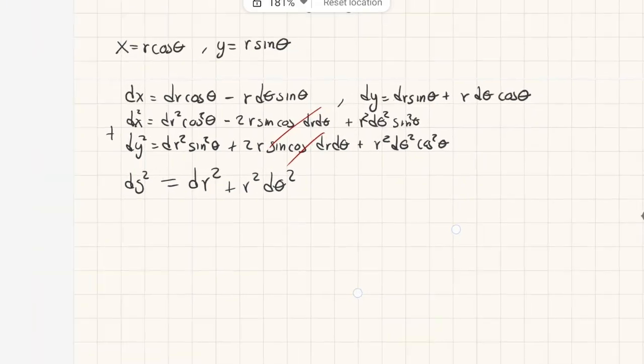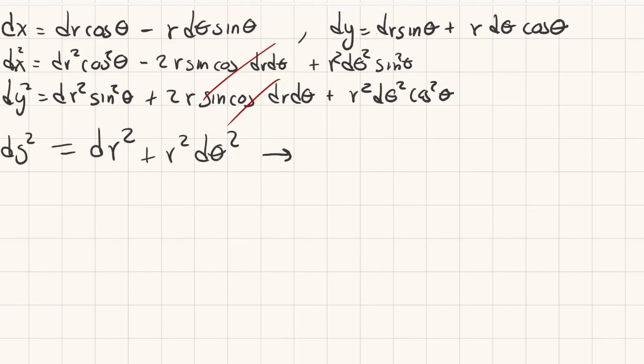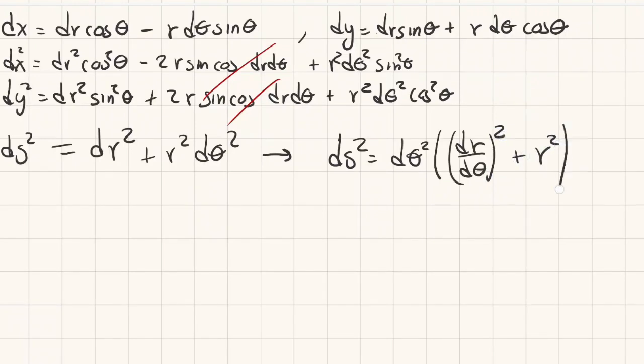function r of theta. But we will be interested in presenting this as, well, the differential of theta times some other function, right? So we can factor d theta from here to get that ds squared is equal to d theta squared times (dr divided by d theta) squared plus r squared.